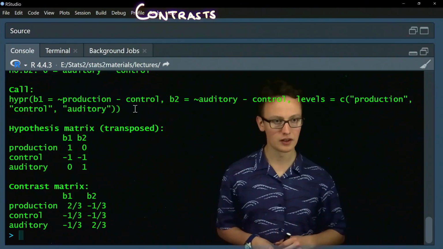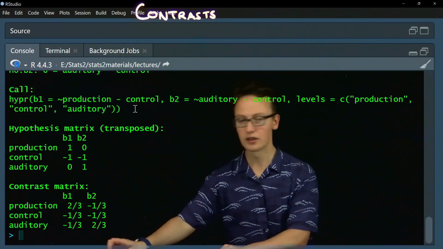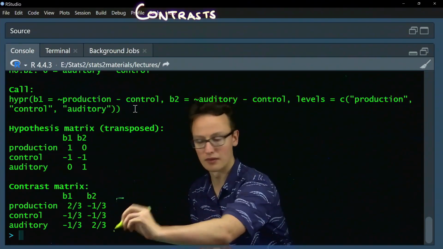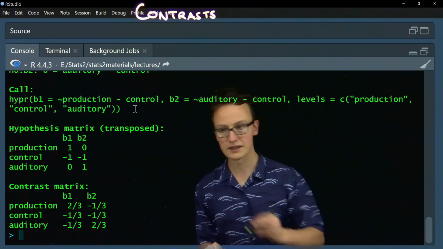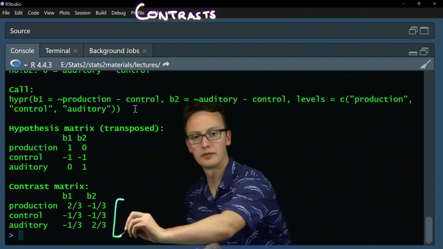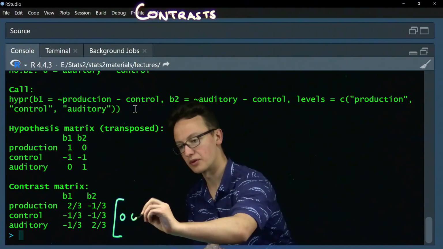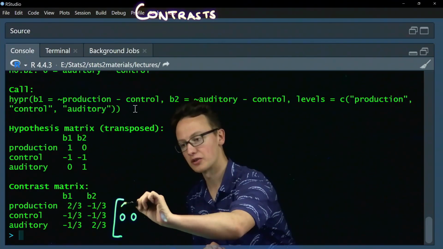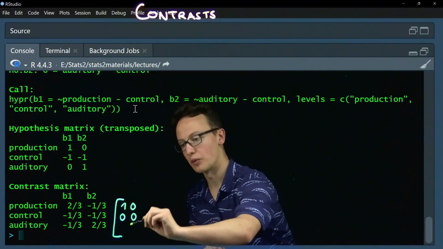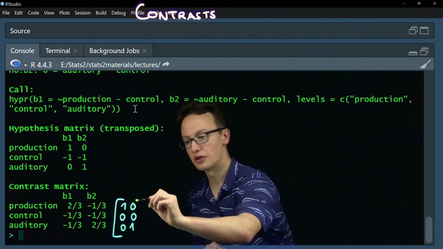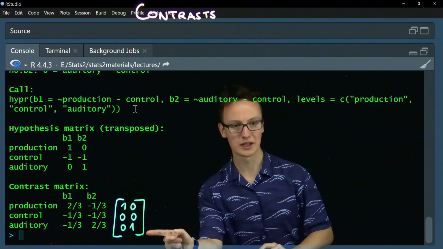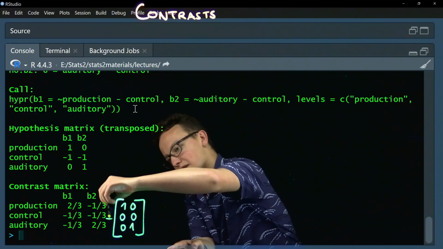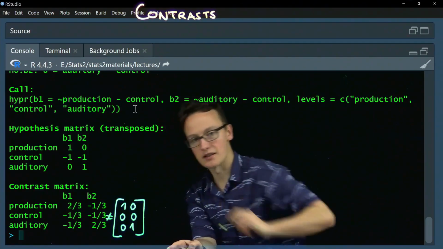So why on earth does our resulting contrast matrix not look something like, let's say, this, so with zeros for the control or treatment condition, and then a 1 for the production condition here, and like a 1 for the auditory condition here. That's what we would expect under the usual treatment coding, but here this looks different for some reason. Why is this the case?